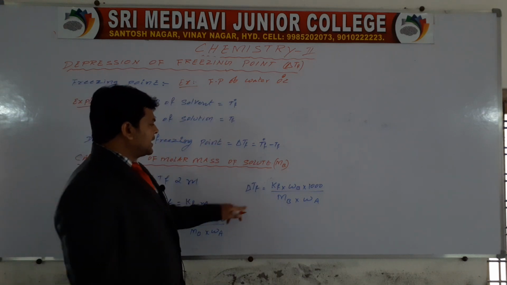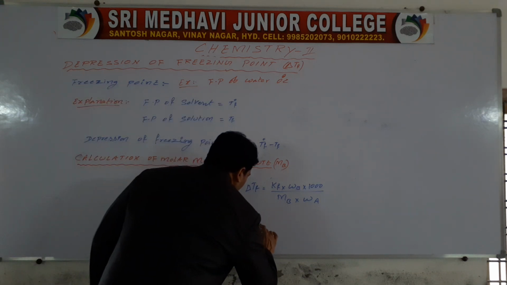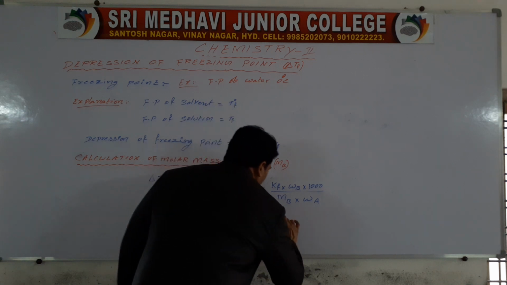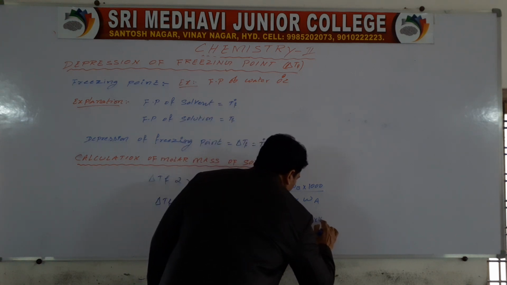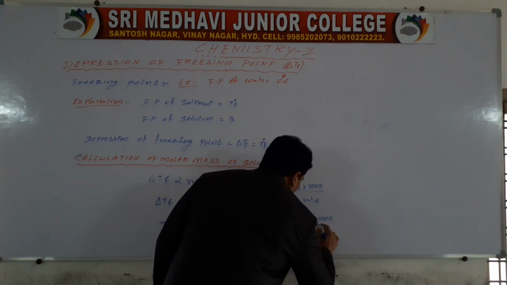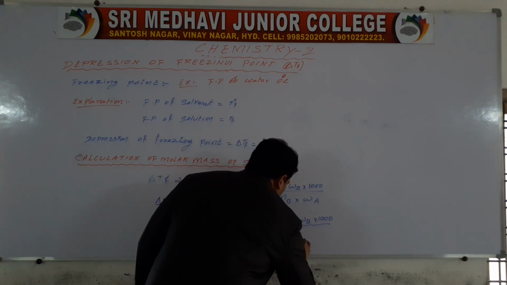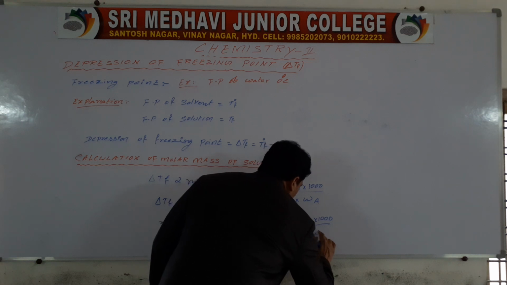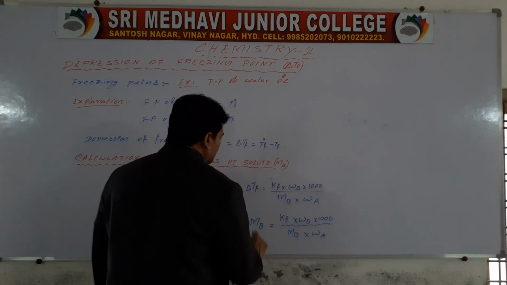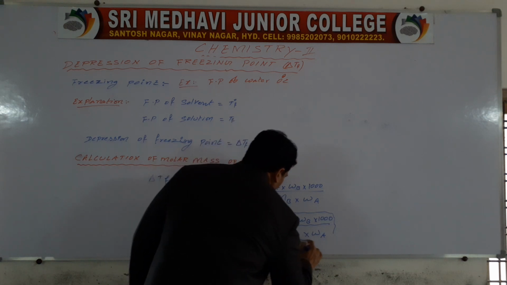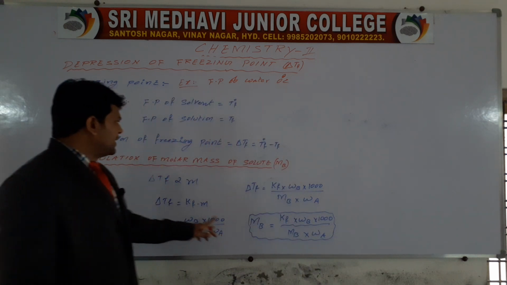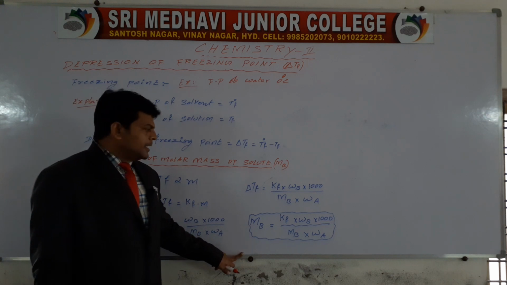Then if you want to calculate MB, then MB is equal to Kf into WB into 1000 by delta TF into WA. So this is the way we may calculate MB, meaning molar mass of the solute.